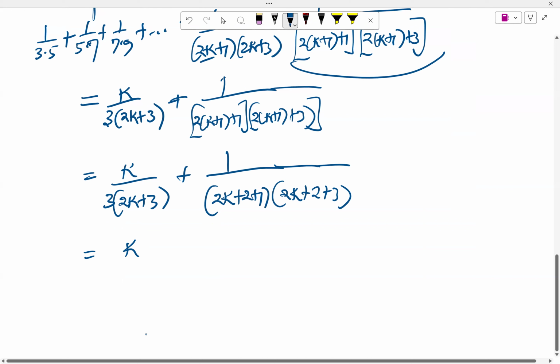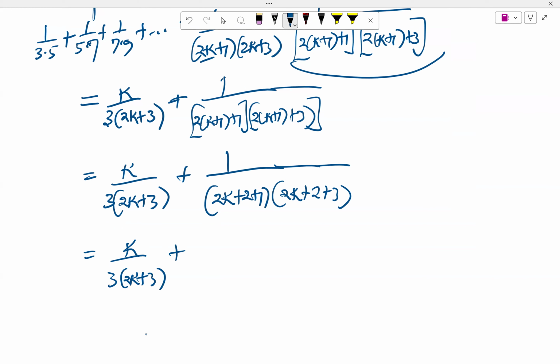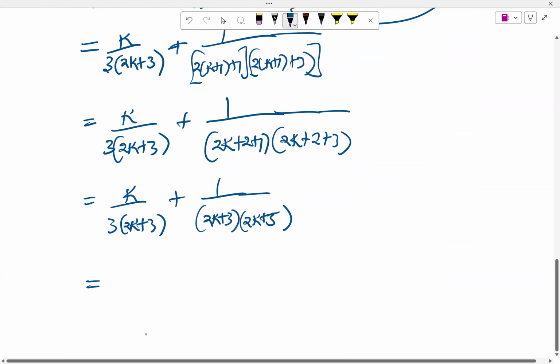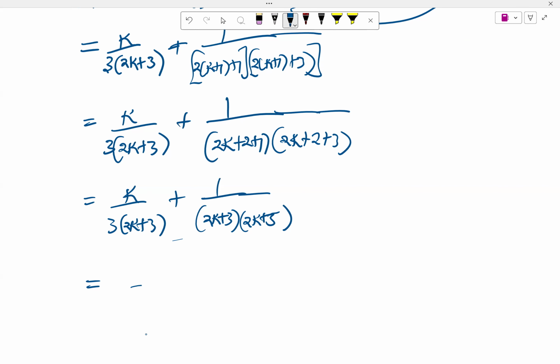We have k over 3(2k + 3) plus 1 over (2k + 3)(2k + 5). So we move on, and the LCM here is actually 3(2k + 3)(2k + 5).